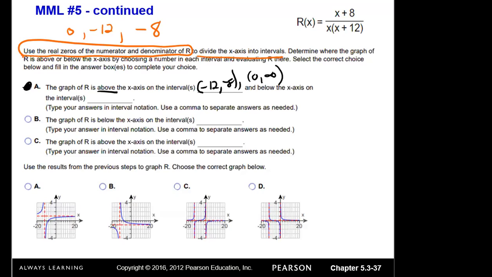And then the below was the other two, which were negative: -infinity to -12, and -8 to 0.